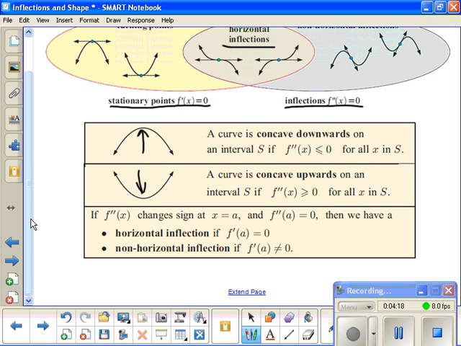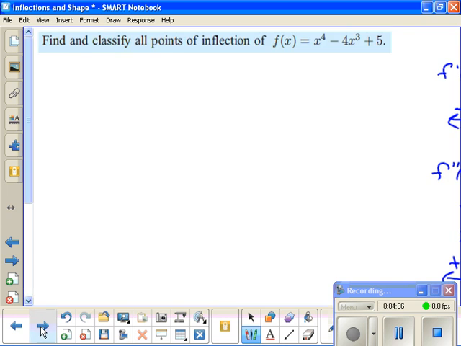And then something else here at the bottom. Horizontal inflections: if the derivative at a certain point is equal to 0, and it's not a local minimum or maximum, it's a horizontal inflection. If the derivative doesn't equal 0, but the second derivative does, that means it's a non-horizontal inflection. So let's just take a look at this. I need to find and classify all points of inflection.